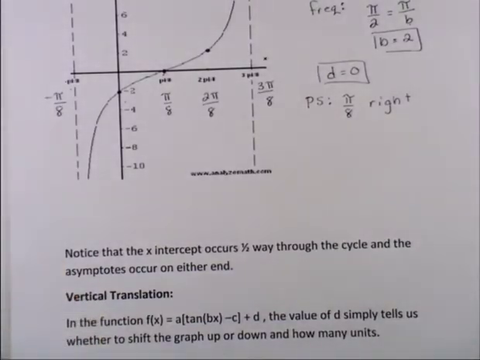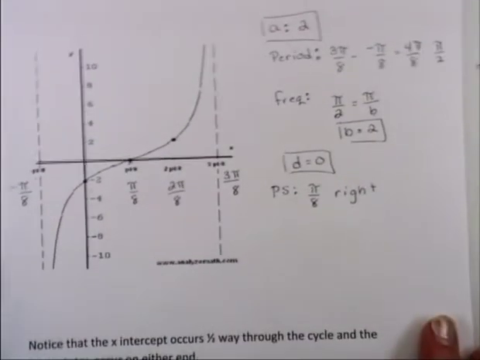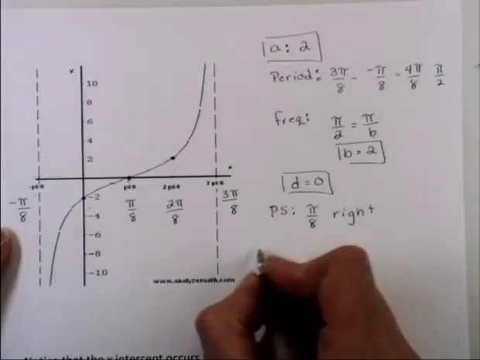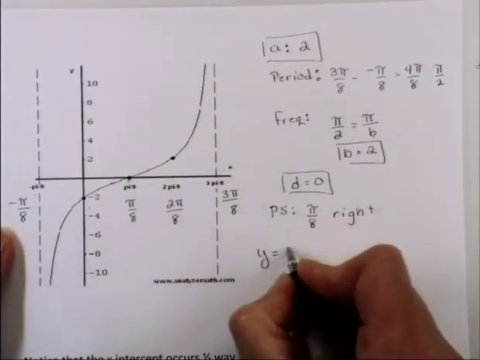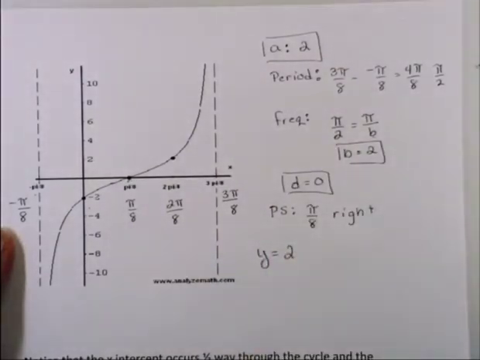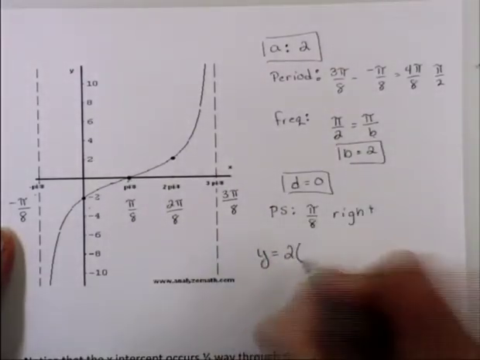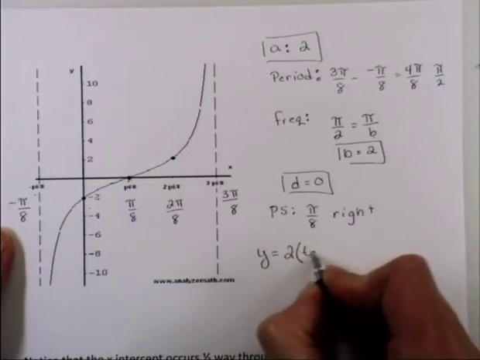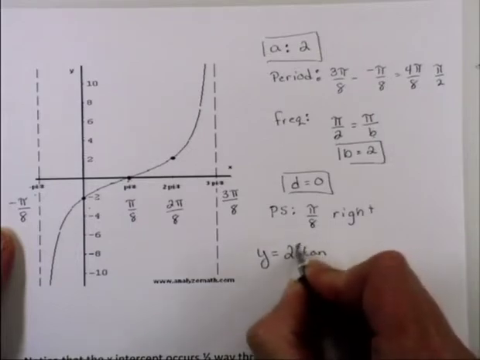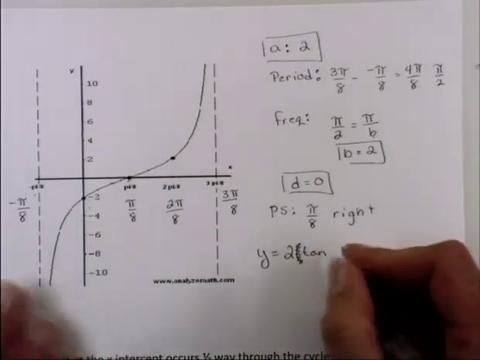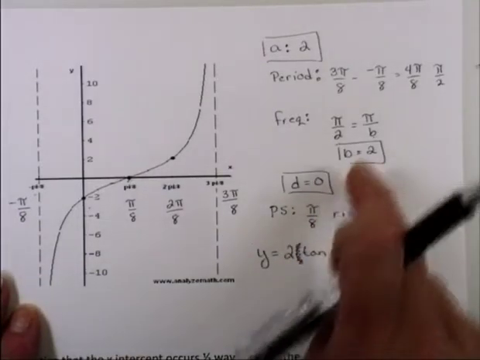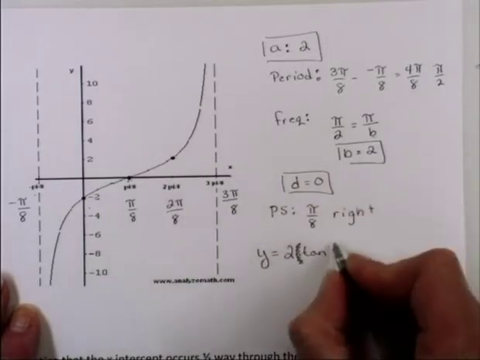All right, so let's take all that information that we found and see if we can't write a tangent function for this one. So y is equal to amplitude, which is not really amplitude, steepness, 2 times tangent, 2 tangent, and then we need our frequency.